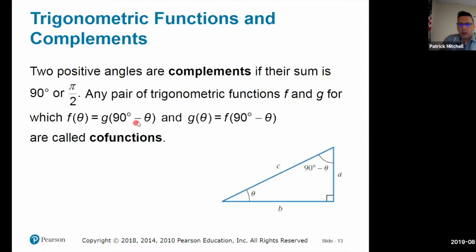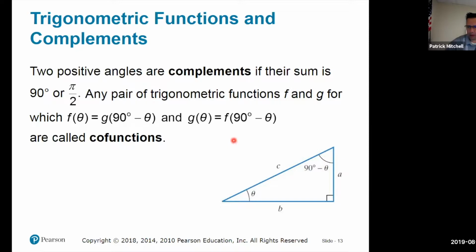Okay. So when you have a pair of trig functions for which f at theta is equal to g at 90 degrees minus theta, those trig functions are called cofunctions. Let me give you an example just based on this picture.